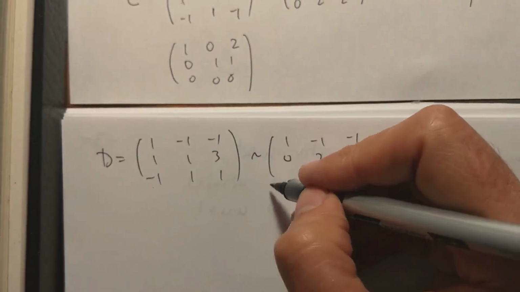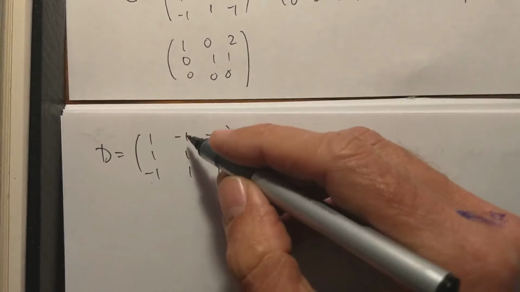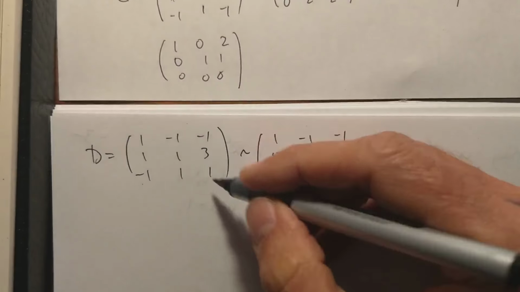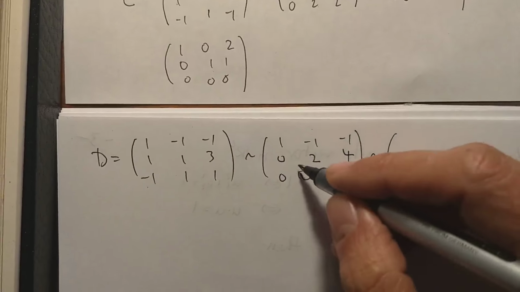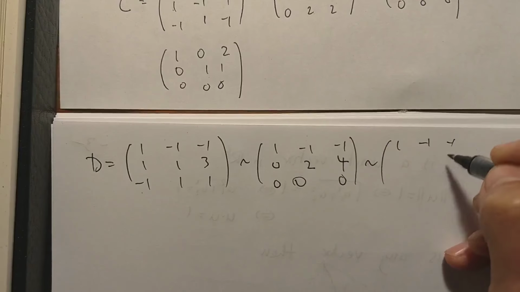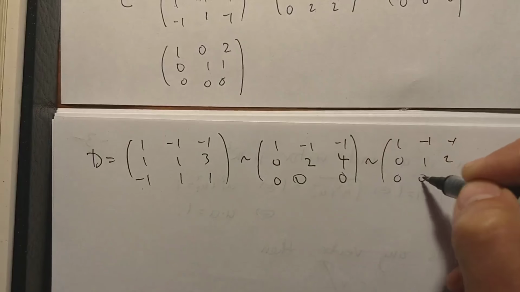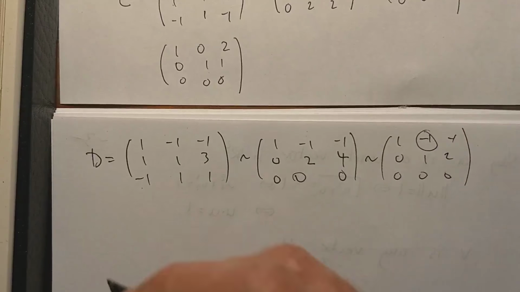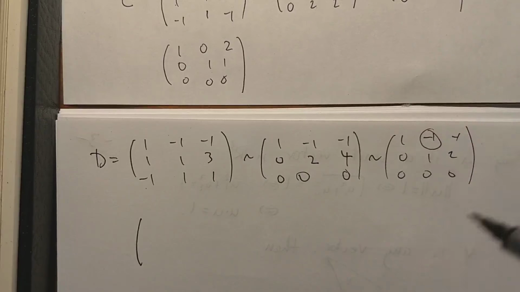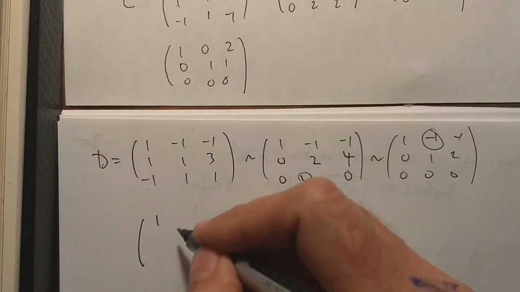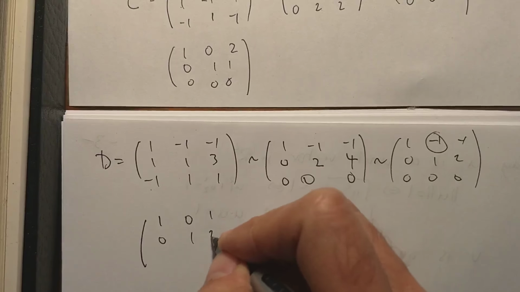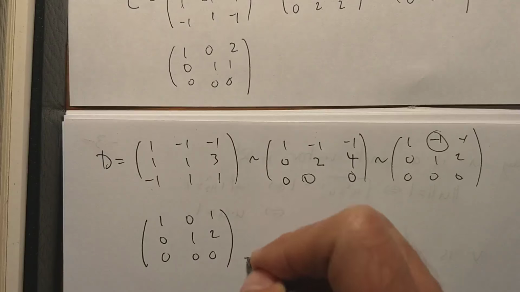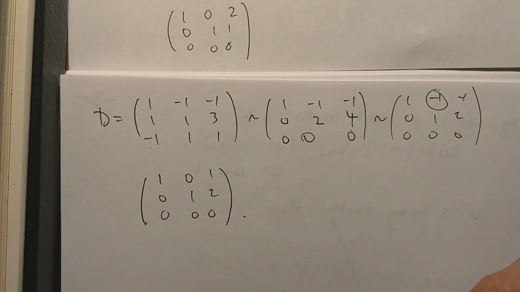Add the first to the last: 0, 0, 0. Make the pivot equal to 1, then get rid of the minus 1 by adding the second row to the first: 1, 0, 1, 0, 1, 2, 0, 0, 0.